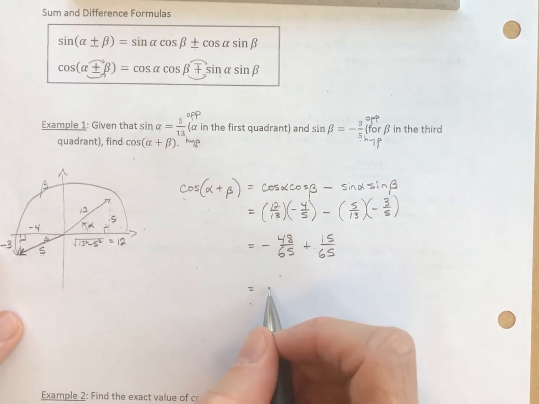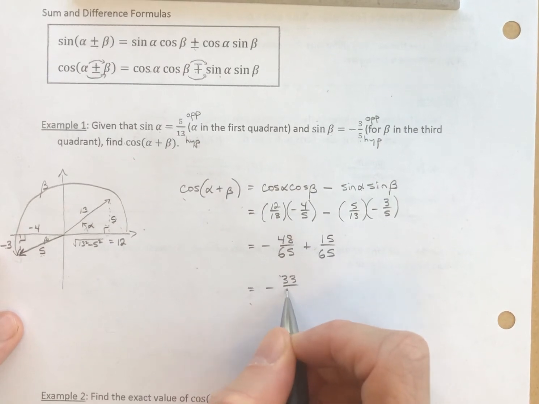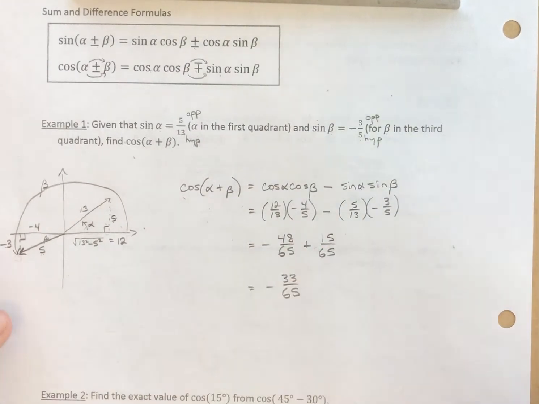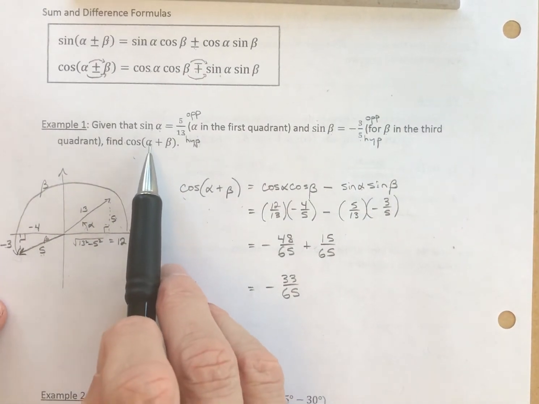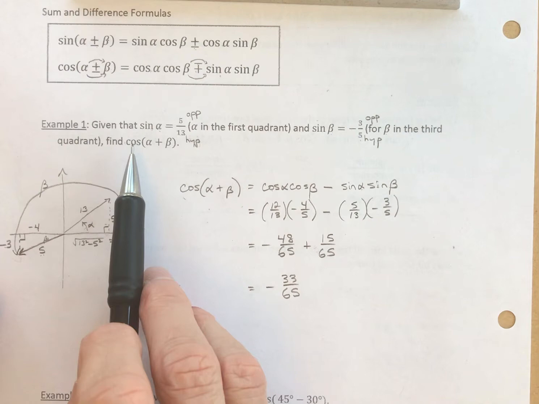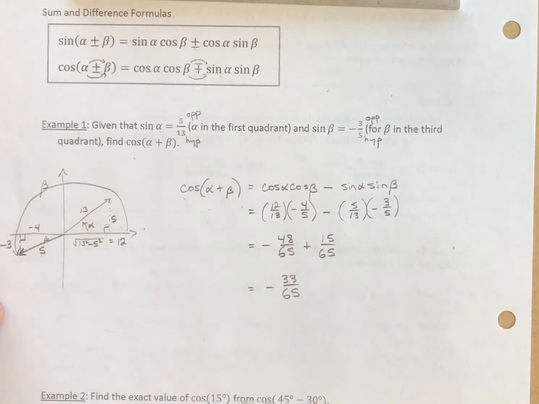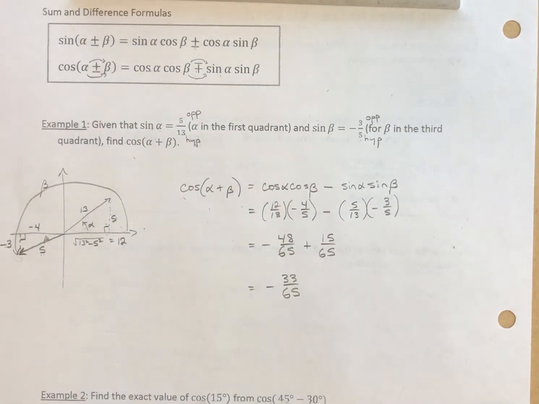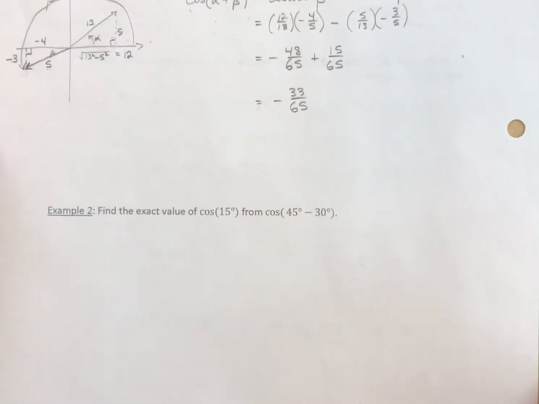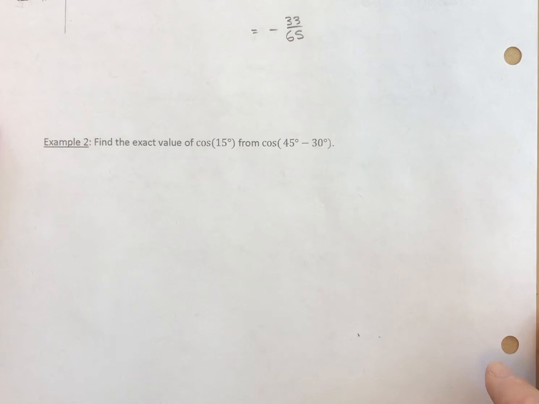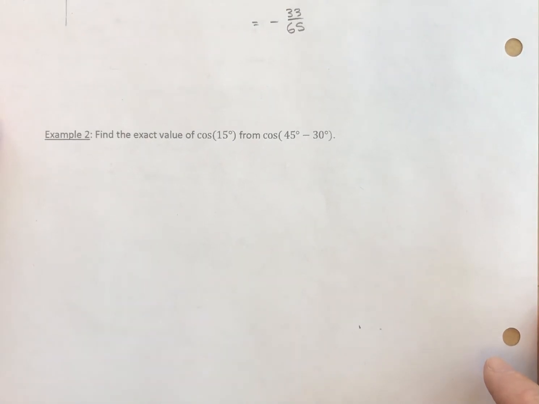And the answer comes out to be -33/65 as a fraction. So the cosine of the sum of alpha plus beta is -33/65.